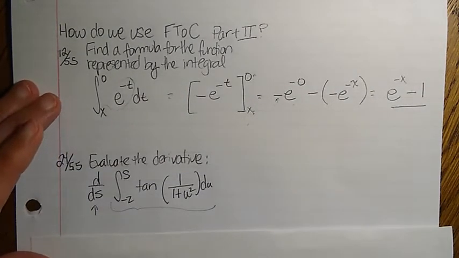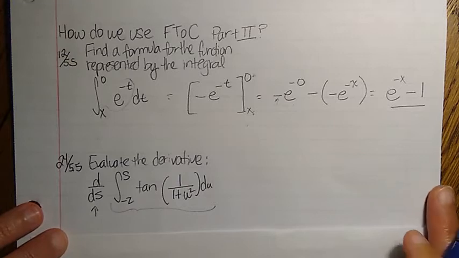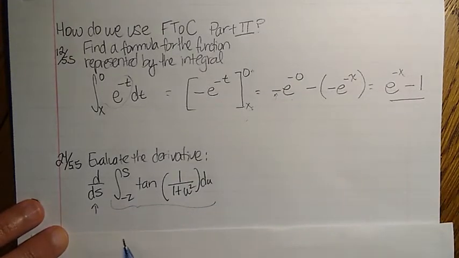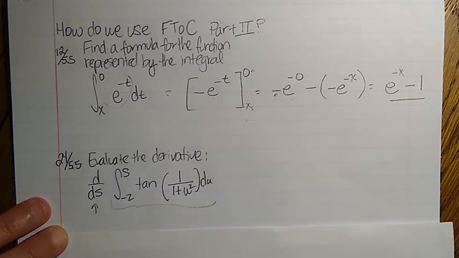All right, so on number 24, to evaluate the derivative, you should probably open your book or your notes to where you can see the fundamental theorem of calculus part 2 stated. You guys are pattern seekers, you're looking for something that's exactly like what's in the fundamental theorem of calculus part 2, except for possibly the variable.